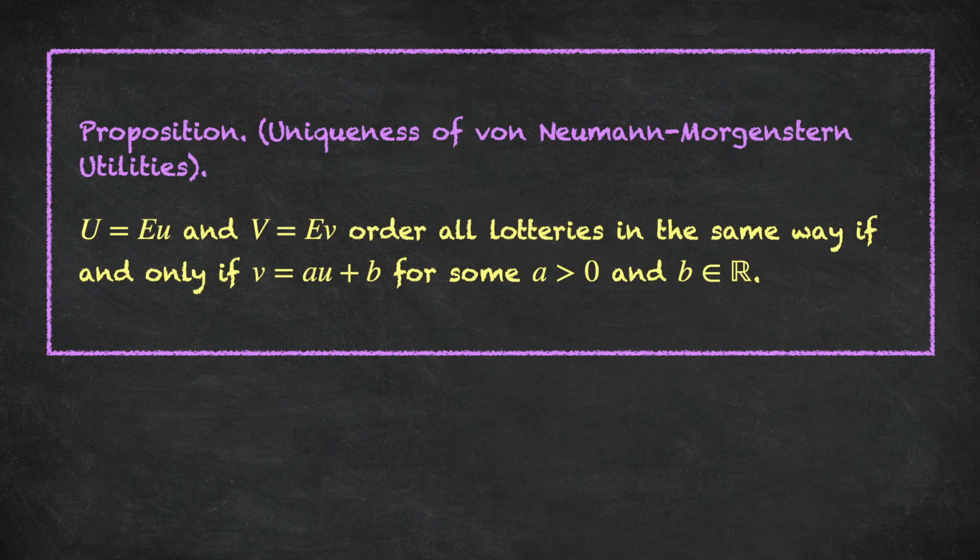Let's sum up our discussion of the uniqueness properties of expected utility with the following proposition. We won't prove this, but we've suggested one direction of the proof already.